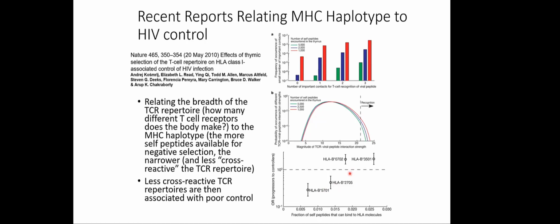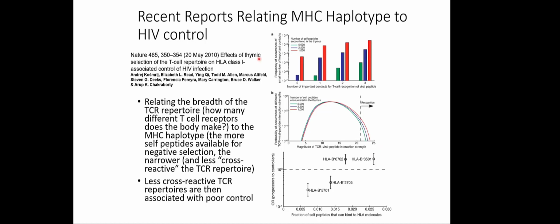Okay, so what they were looking at in this paper, which was done with a statistical model of peptide presentation, was they took the motifs for each of these HLA molecules, because they're really well-studied HLA molecules, and so there's lists and lists and lists of peptides that bind to those HLA molecules, and they could infer a pattern of what makes a good peptide to bind to these molecules.